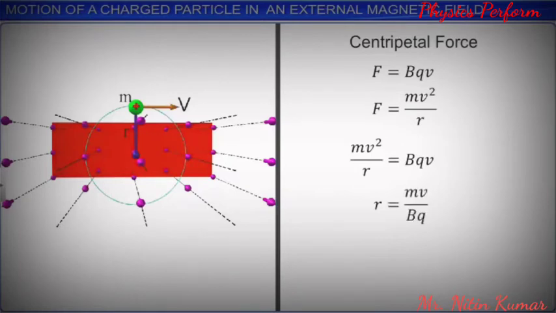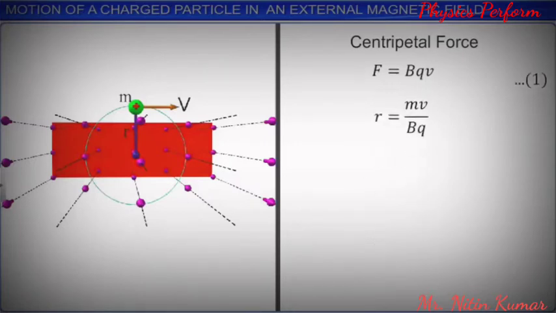Let this be equation 1. When the momentum mv of the particle increases, the radius of its circular path also increases accordingly, as B and Q are constant. Hence, the radius of the circular path of the charged particle moving in an external uniform magnetic field is directly proportional to the momentum of the charged particle.